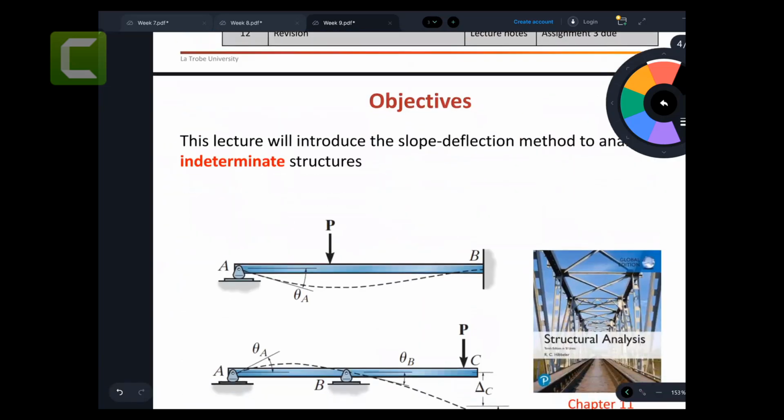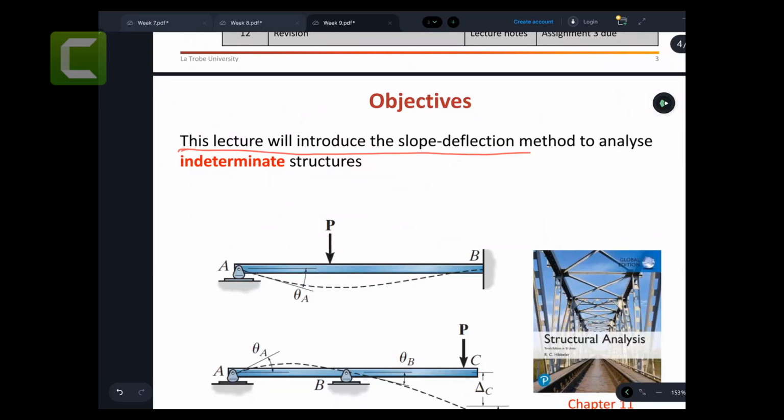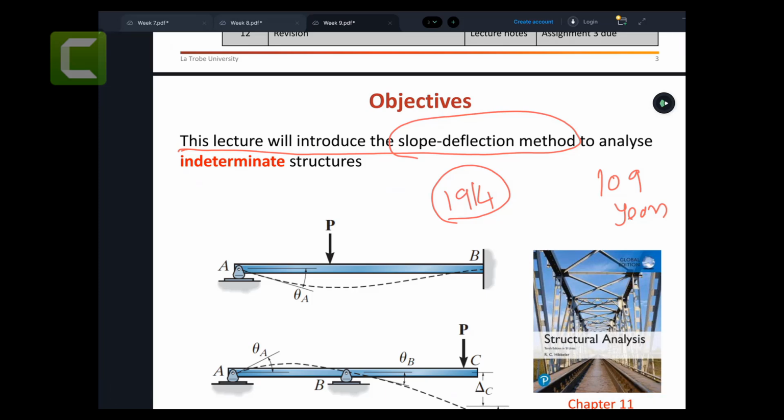Now, this week, as I mentioned, we are starting to introduce the lectures for the slope deflection methods. These slope deflection methods are quite old, almost 109 years old by these names, and it was first developed in 1914.